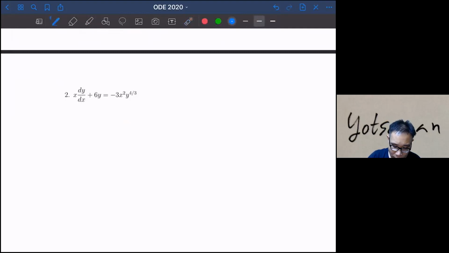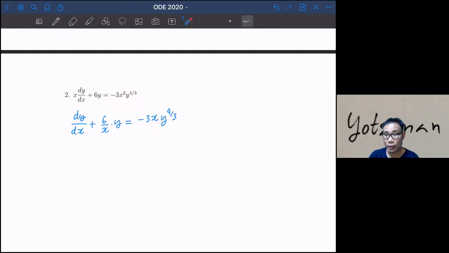So here, in order to put it into a Bernoulli equation, you would get dy/dx plus 6 over x times y minus negative 3x y to the 4/3. So you see that you divide by x and you get rid of x and square here. That's why you have 3x, okay?